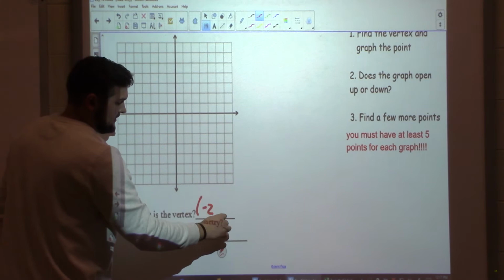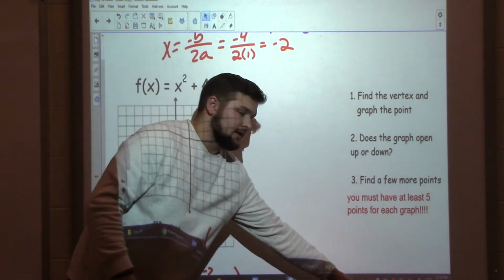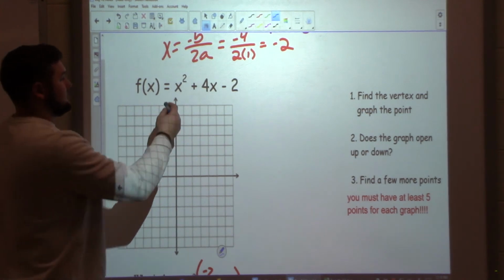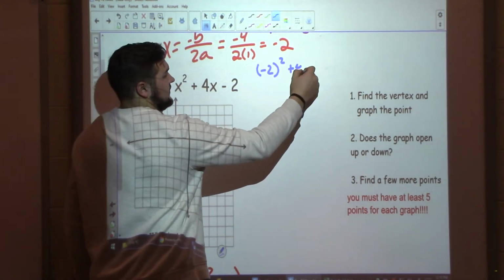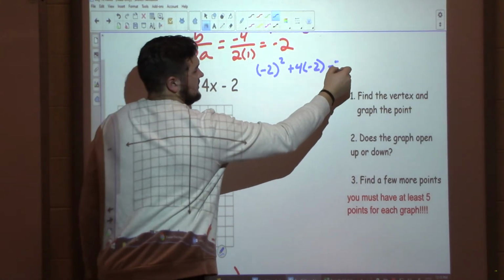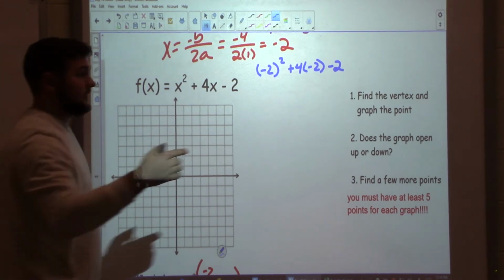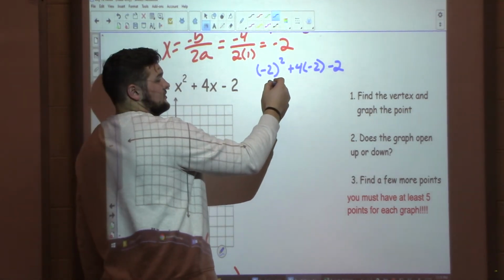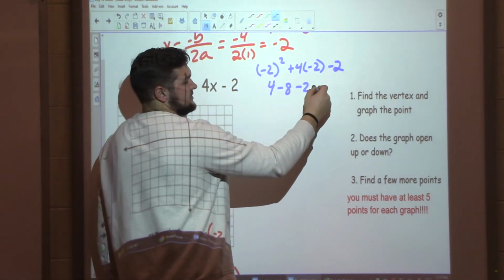Negative 2. Okay? To find my y value, I'm plugging it back in for x. So negative 2 squared plus 4 times negative 2 minus 2. Does everyone understand that step? Okay? Negative 2 squared is 4. 4 times negative 2 is negative 8 minus 2.